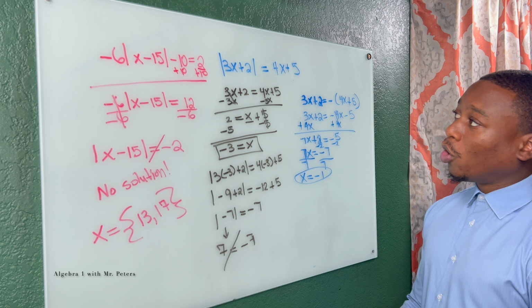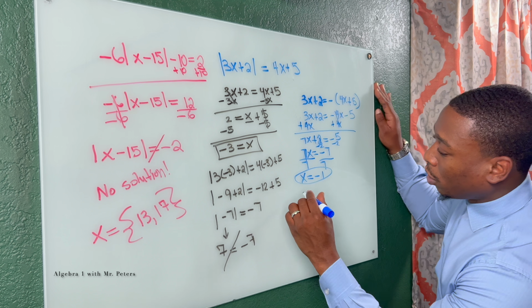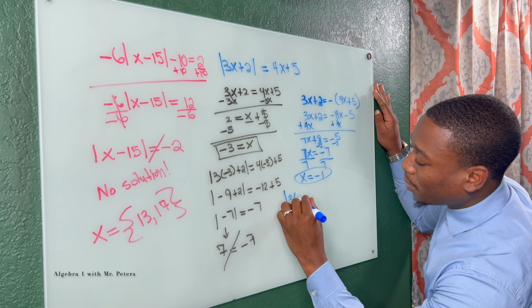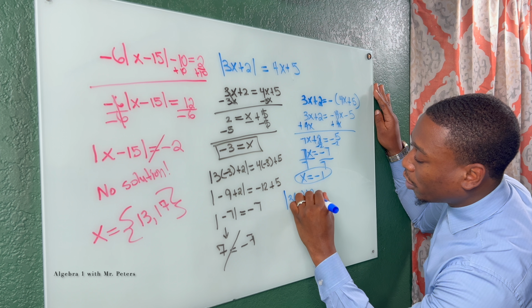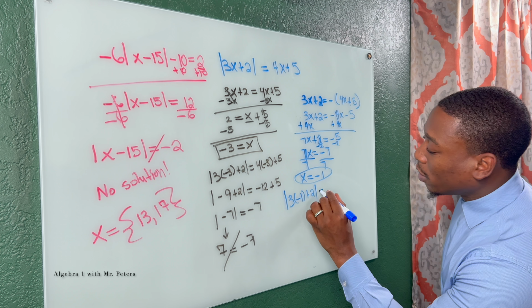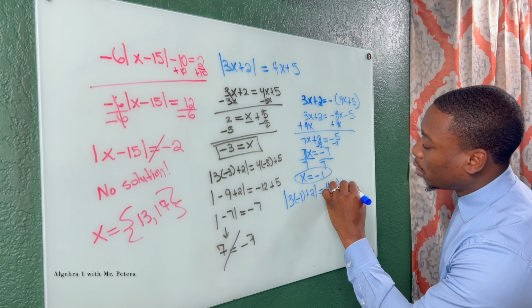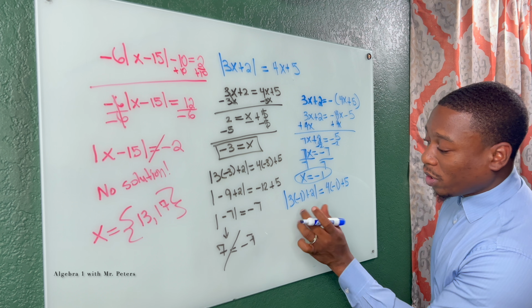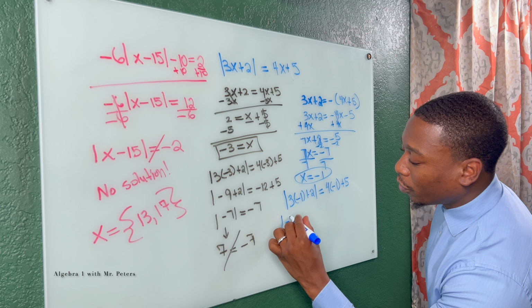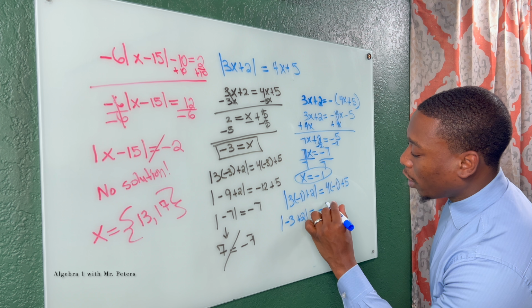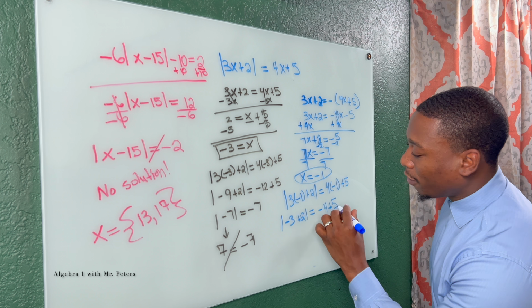Now let's say we go ahead to check it, right? So we have the absolute value of 3 times negative 1 plus 2 is equal to 4 times negative 1 plus 5. We simplify this to get the absolute value of negative 3 plus 2 is equal to negative 4 plus 5.